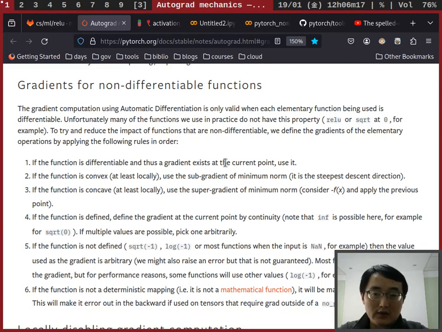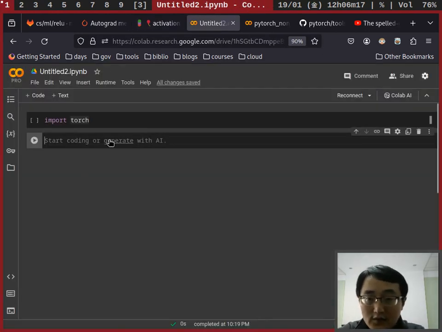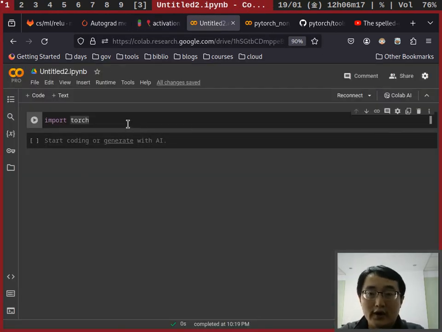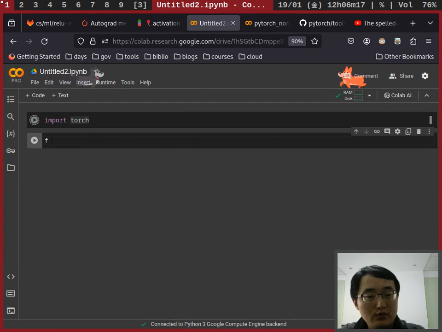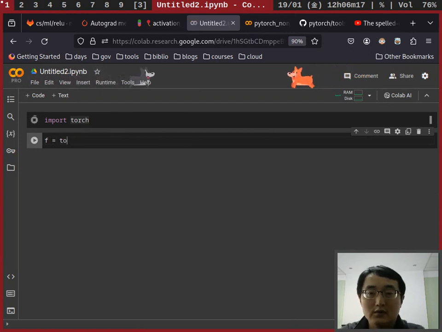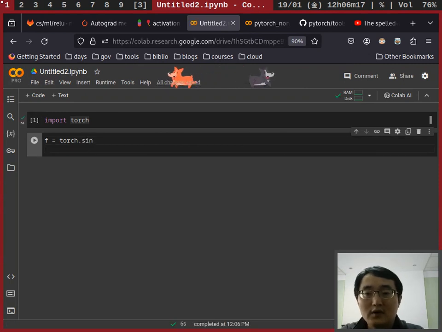Okay, now I would like to try to verify these two statements in Python using a Colab notebook. But first, I would like to recall how PyTorch does differentiation, or how PyTorch calculates gradients. So normally we will have a function, say exponential, say sine, for example, and then we'll have a point at which we would like to differentiate.